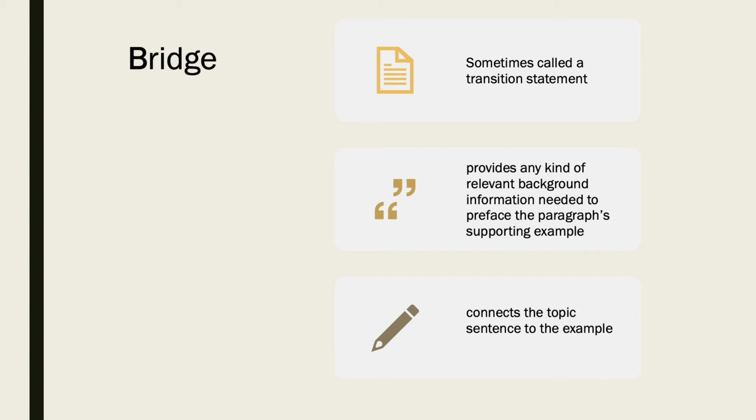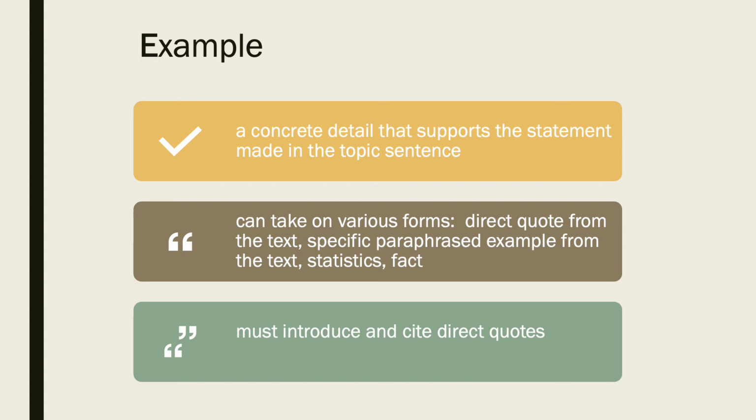So far we have our topic sentence. We have our bridge sentence. The next thing is the actual example. So you want a concrete detail that supports the statement made in the topic sentence. This can take various forms. You can use a direct quote from something that you read or something paraphrased.